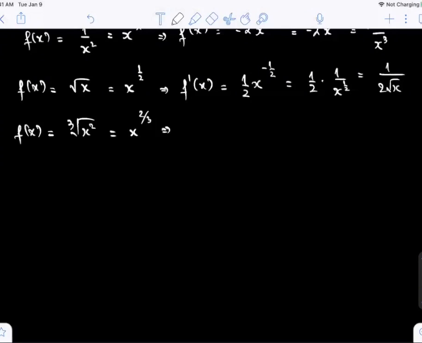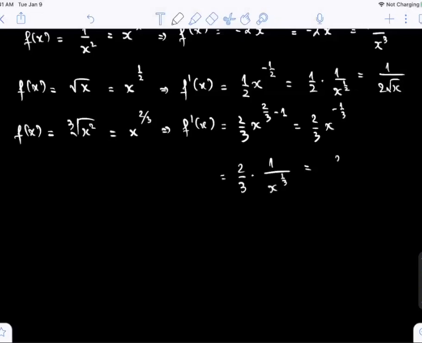So the derivative is 2/3 times x to the power 2/3 minus 1, or 2/3 times x to the negative 1/3. Just like the previous problem, you can turn this to a positive power. So 1 over x to the 1/3, and 1/3 is cube root. So you have 2 over 3 times cube root of x.